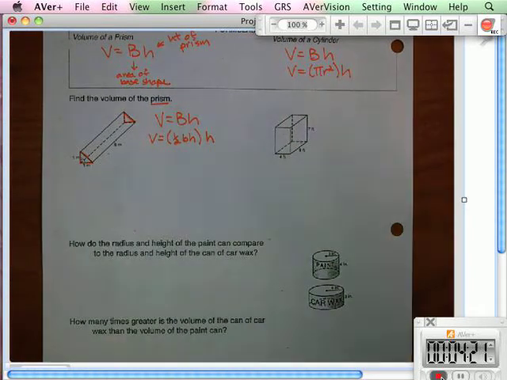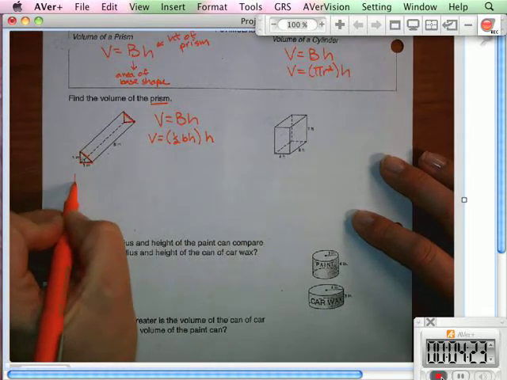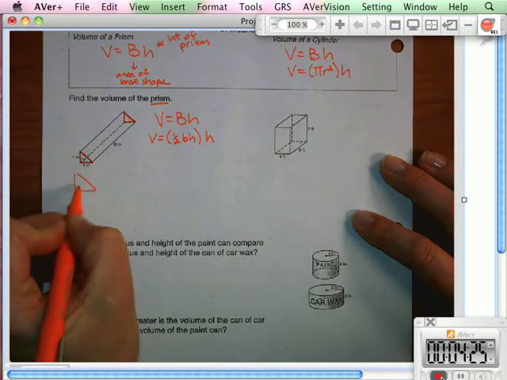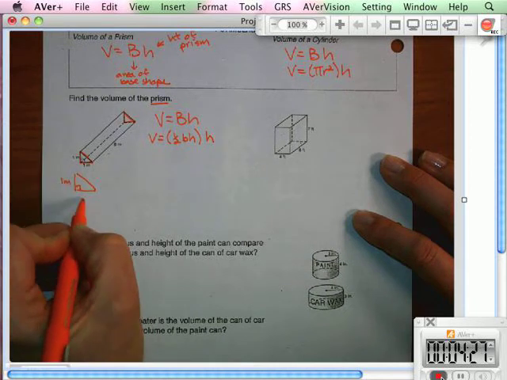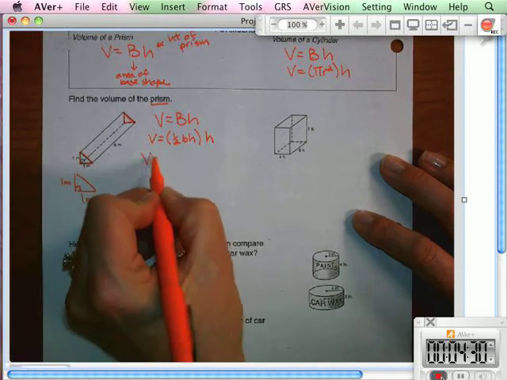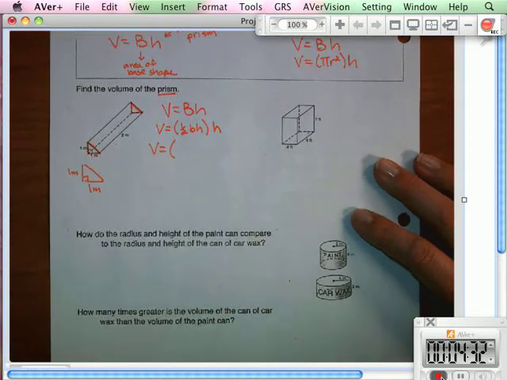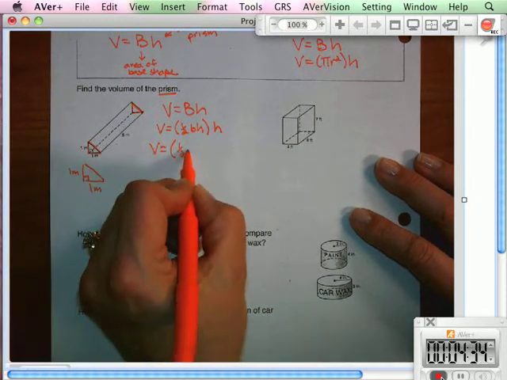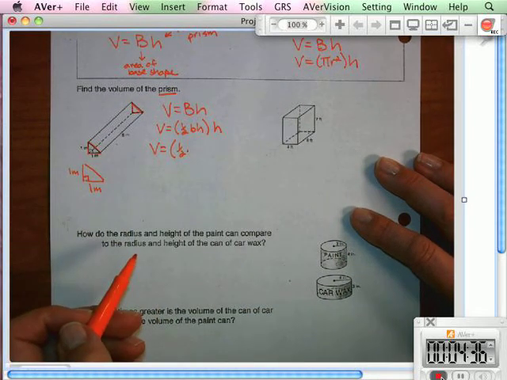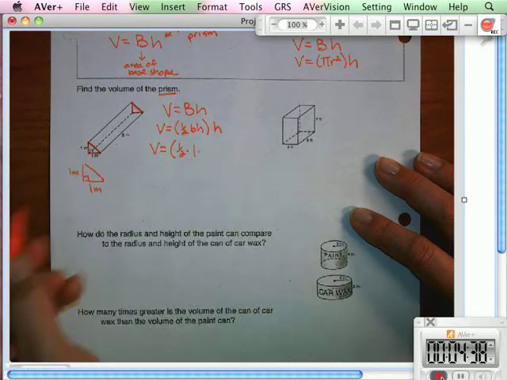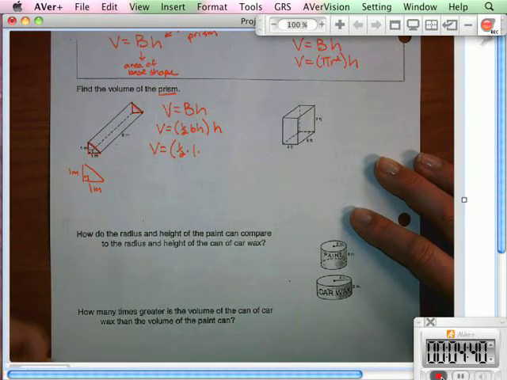This is telling me that I need to find the area of this triangle right here. I'm just going to write it a little bigger. So, I'm going to find the area of that triangle. 1/2. What's the base of this triangle equal to? 1. What's the height of that triangle? 1.